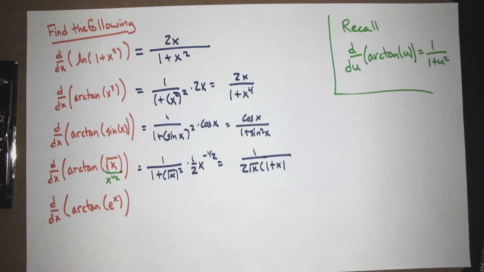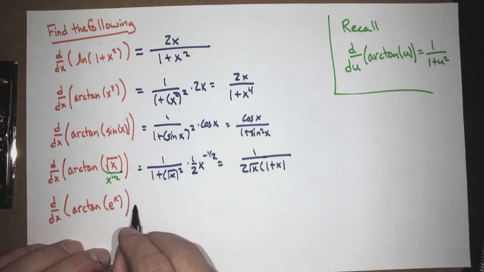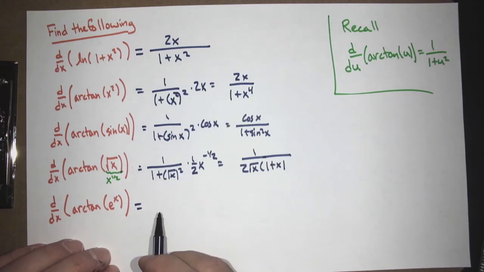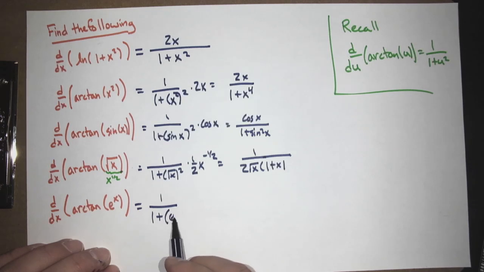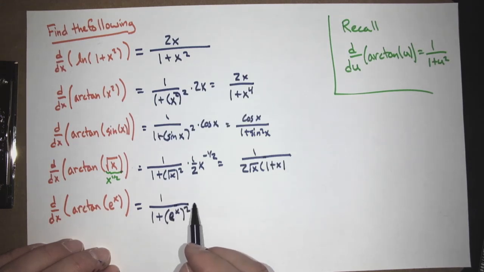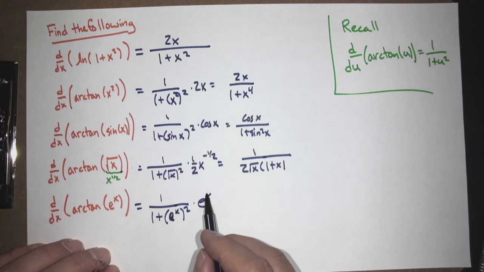All right, one more. Arctangent of e to the x. What do we have? 1 over 1 plus e to the x quantity squared. Anything else? Times e to the x.